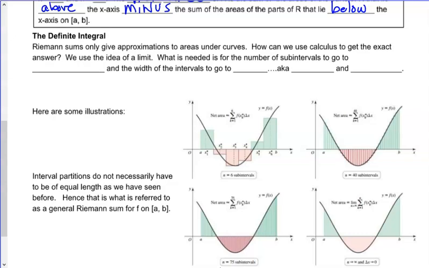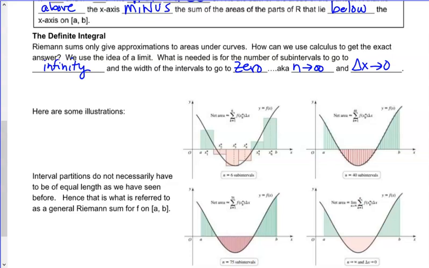What is needed is for the number of subintervals to go to infinity, and the width of those intervals will then go to 0. They won't equal 0; they are limiting to 0. In other words, we want n, the number of rectangles, to go to infinity, and we want delta x, the width of our rectangles, to go to 0.